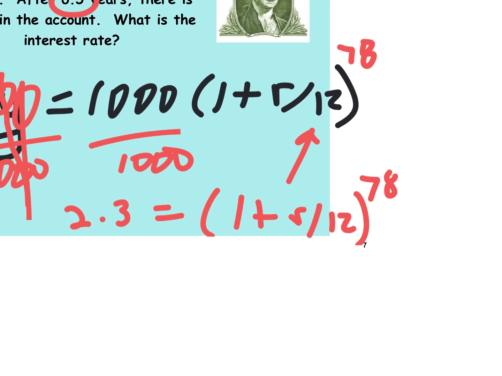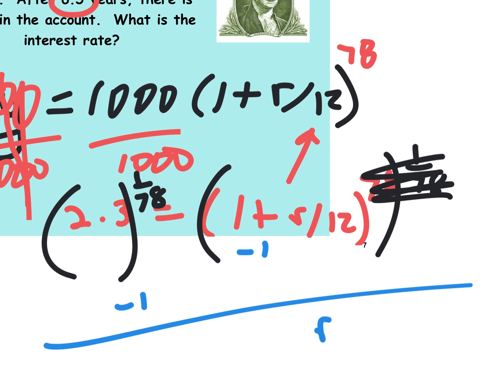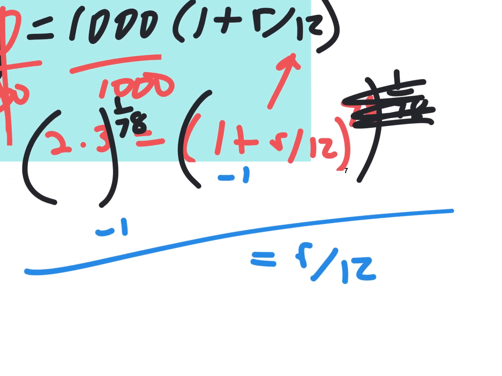Then I guess I'd just use to the power of 1/78. And then I just have to subtract 1 and times by 12. Subtract 1 gets rid of that 1. And now it's R over 12. And then you'd multiply both sides by 12.